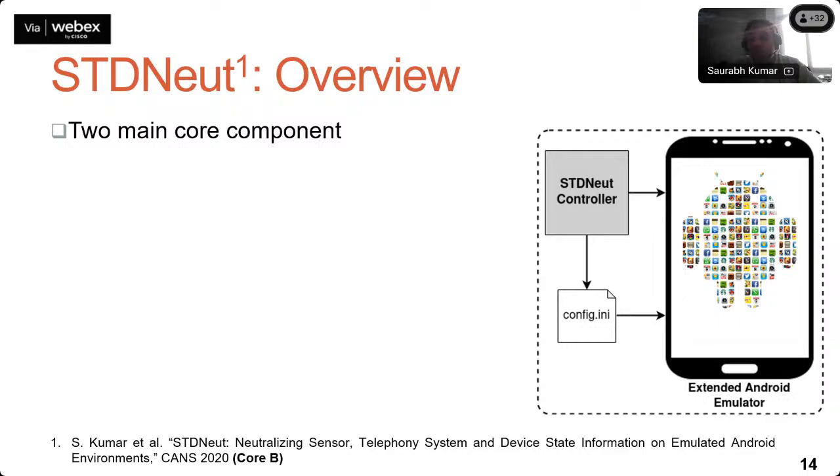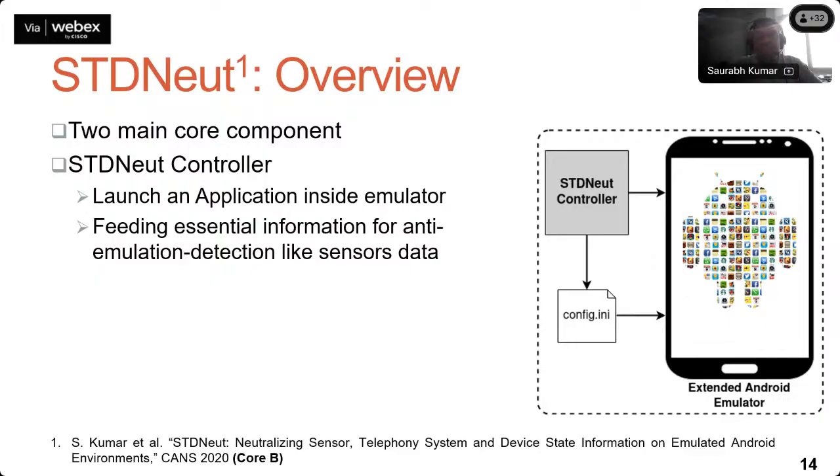Based on these sensor readings and this emulation detection, we have developed STD Newt. The task is neutralizing the sensors, telephony system and device state information on an emulated platform. It generally contains two components. One is the STD Newt controller, which is responsible for launching any app inside the emulator.